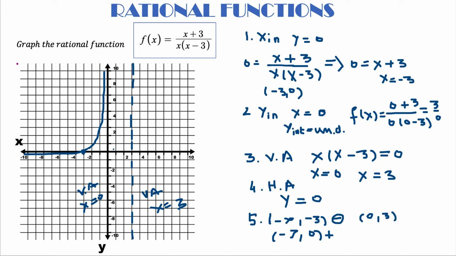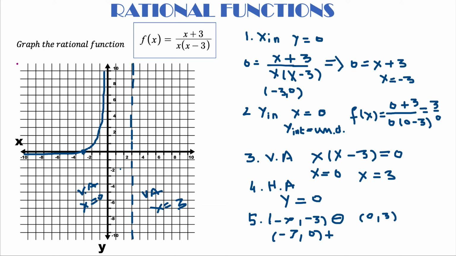Let's say we take 1. If we take 1, 1 plus 3 is 4. And here is a positive 1. And 1 minus 3 is minus 2. On the top is a positive, but down is a negative. Here is positive 1, but times minus 2 is a negative.